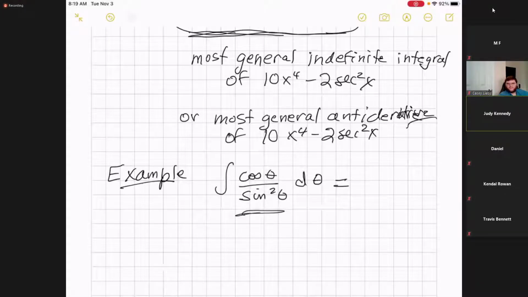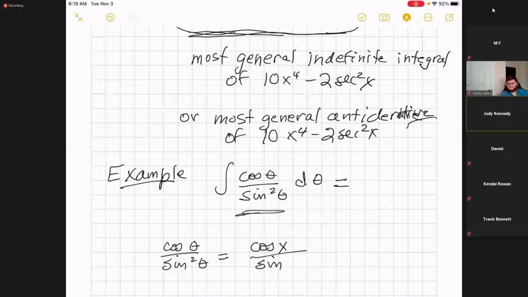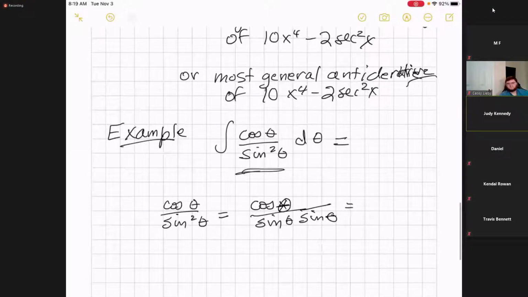And the cosine of theta over the sine squared of theta, I could write as cosine of theta over the sine of theta times one over the sine of theta, and then break it into a product of two fractions.